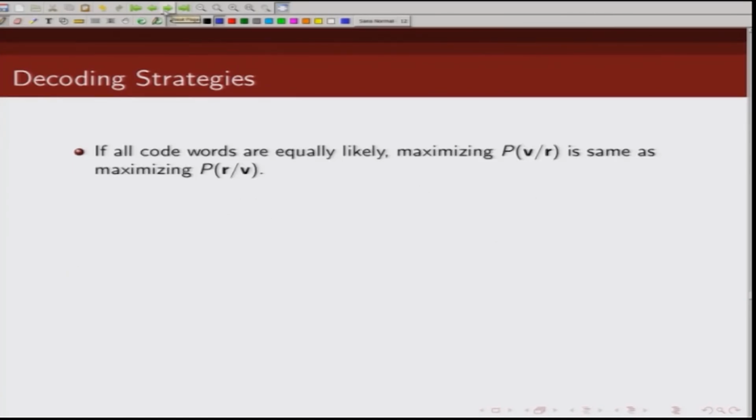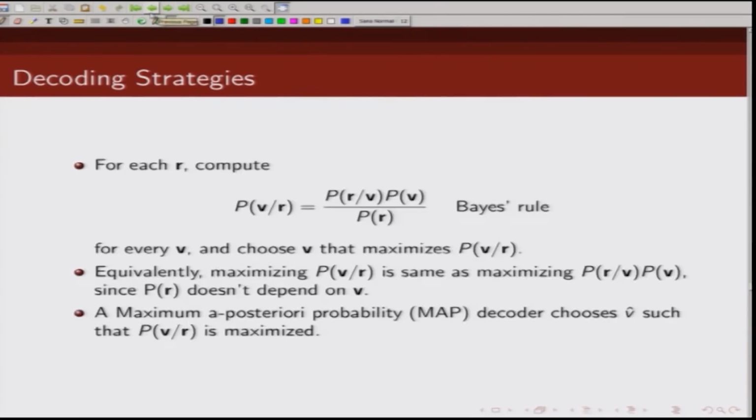Now, what happens if all code words are equally likely? Then the probability of V will be the same for all code words.